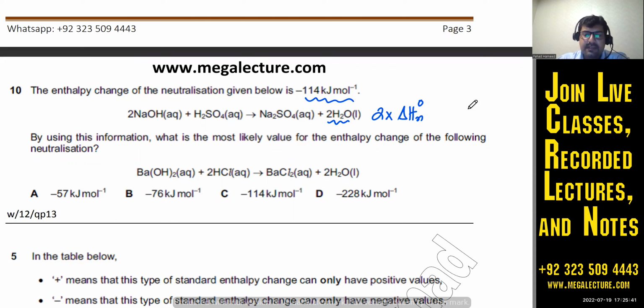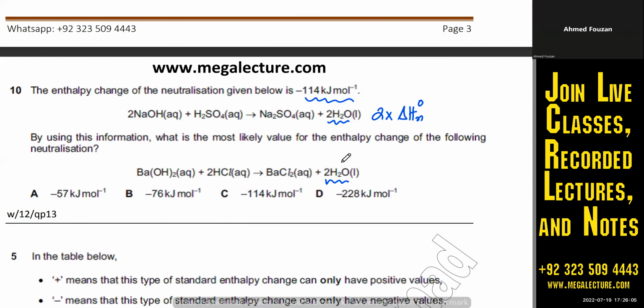Now they're asking for the enthalpy change for this other reaction. You've got a base reacting with an acid to produce salt and water. Is it going to be the same value or a different value? It's going to be the same.